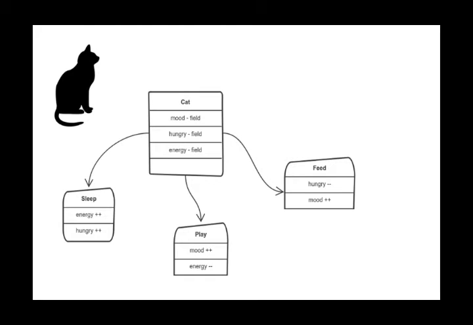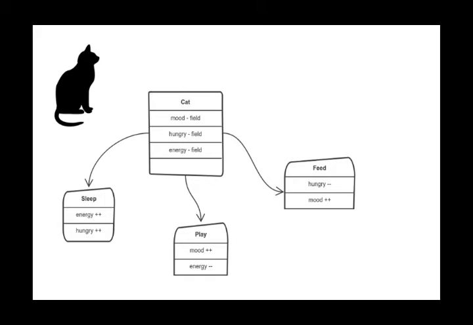For example, we have a cat class. It has private fields, namely mood, hunger, and energy. Also, it has three methods you can call: feed, sleep, and play. During sleep, the cat's energy will increment. Also, the cat's hunger will increment.